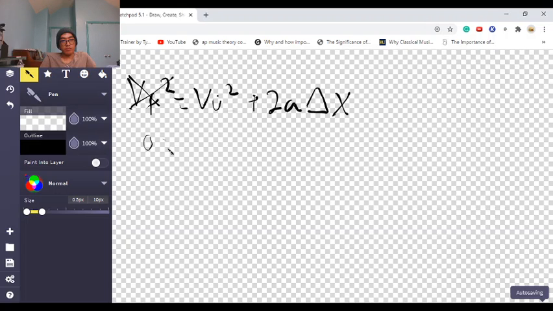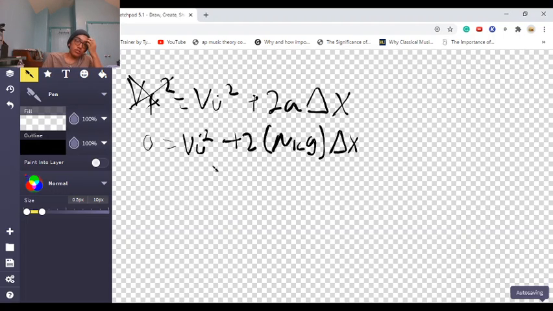We're going to have 0 equal to v initial squared, which is what we're trying to solve for, plus 2 times the acceleration, which, remember, is the kinetic coefficient of friction times the gravitational acceleration. So mu k times g times the displacement x.